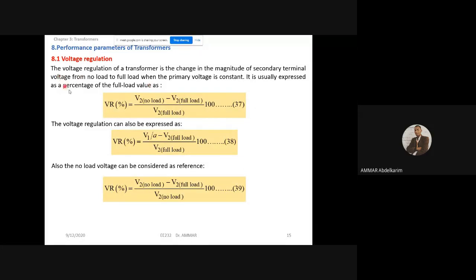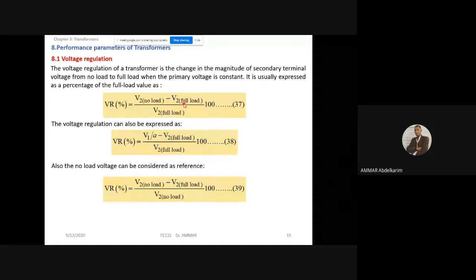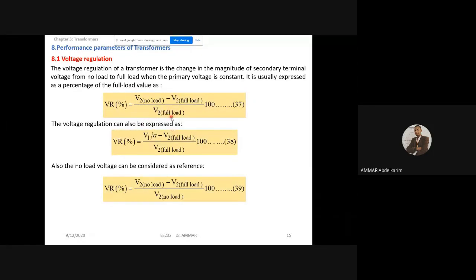So the voltage regulation equals the secondary voltage before connecting the load, minus the secondary voltage after connecting the load. So we see the load effect on the voltage, over the full load voltage. Of course, the denominator is taken as a reference here, the full load voltage, or the no load voltage can also be taken as a reference.